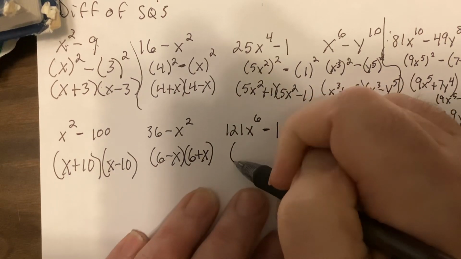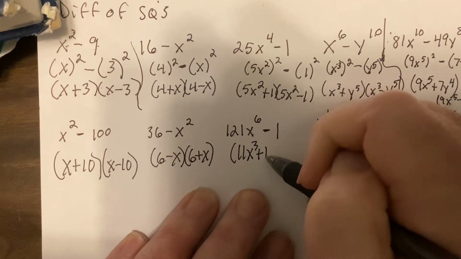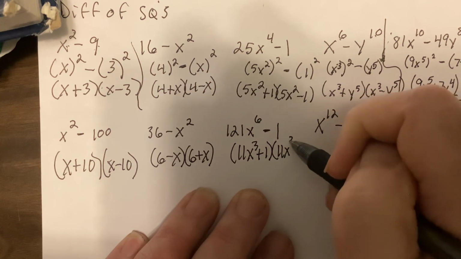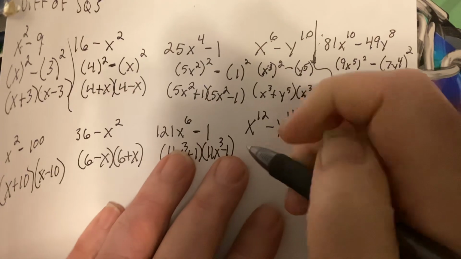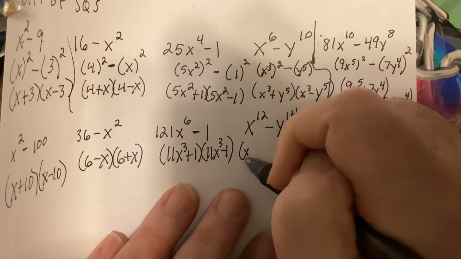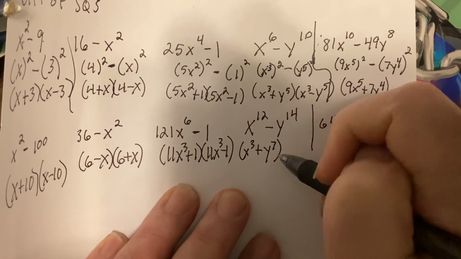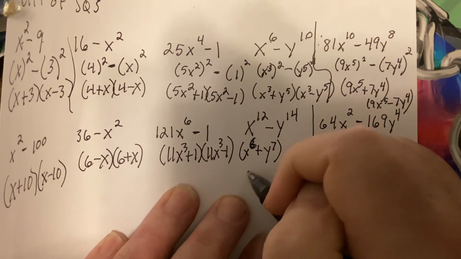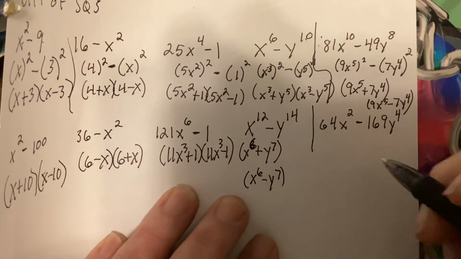This would be 11x cubed plus 1, 11x cubed minus 1. This one would be x to the 6th plus y to the 7th. I said x to the 6th and wrote x to the 3rd. This would be x to the 6th minus y to the 7th.